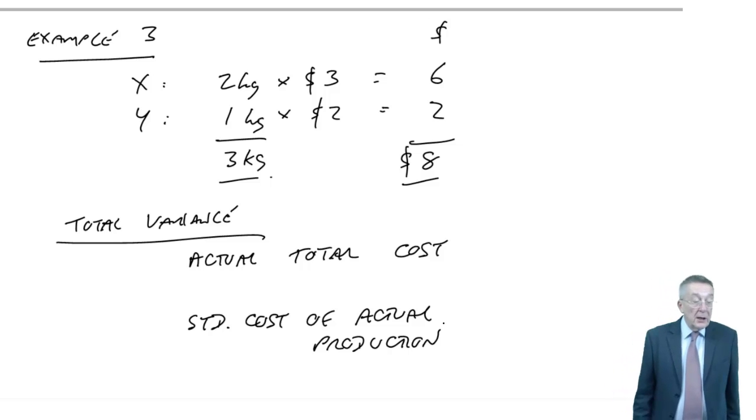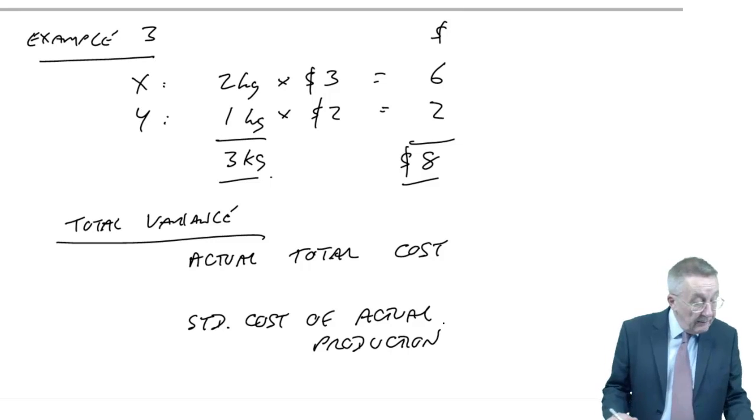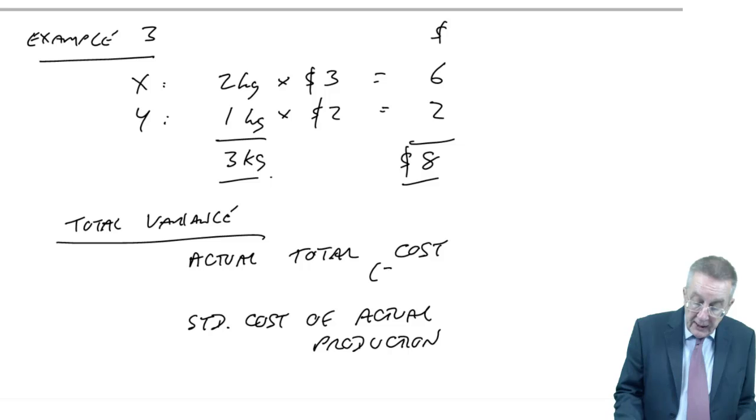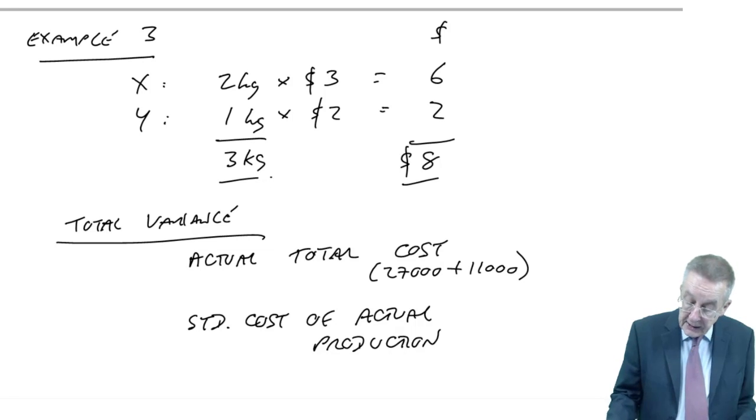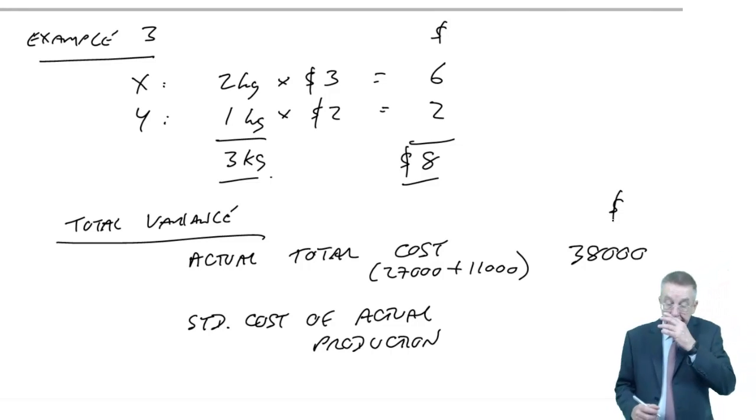So what was the actual total cost? Whatever happened, how much did we spend in total? We bought X and Y, 27,000 plus 11,000. We actually spent $38,000.